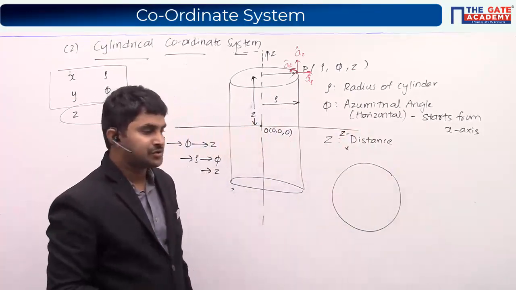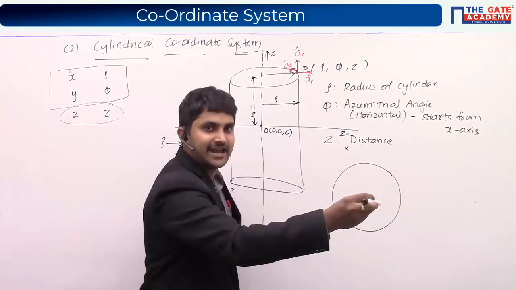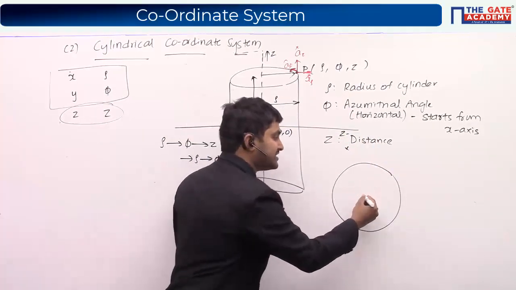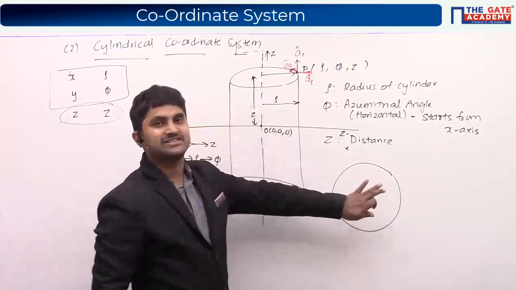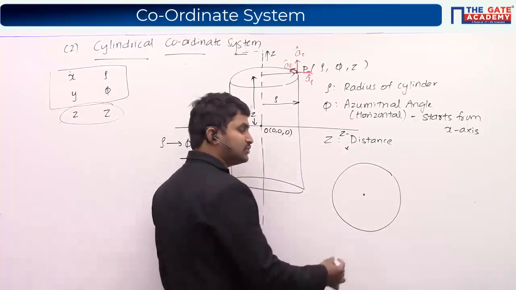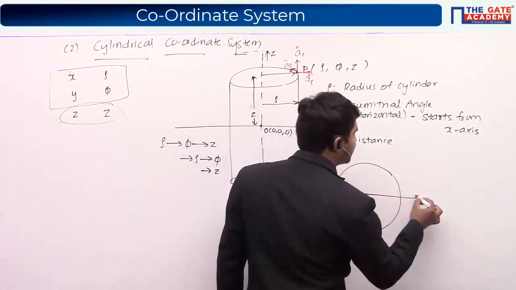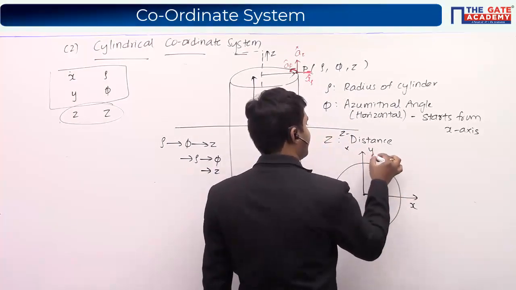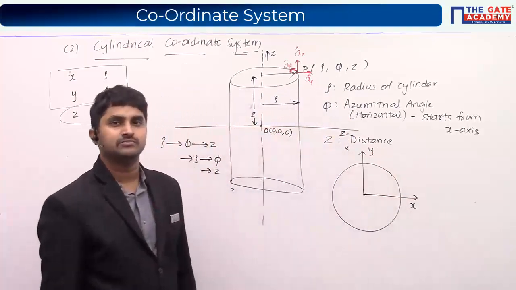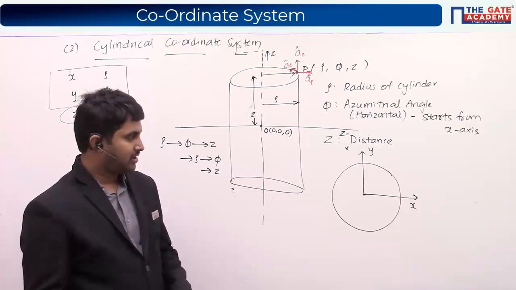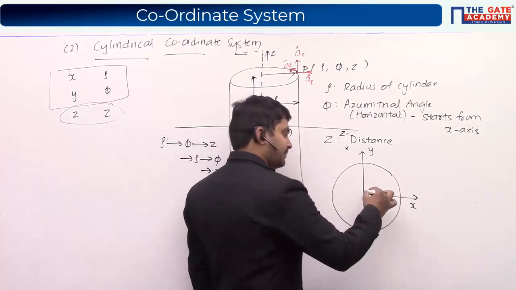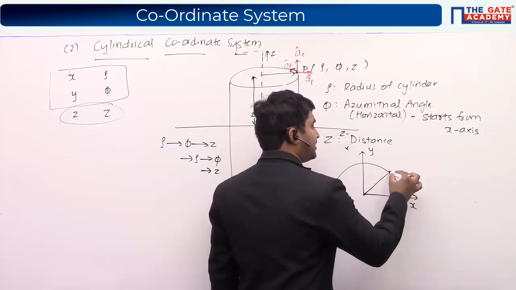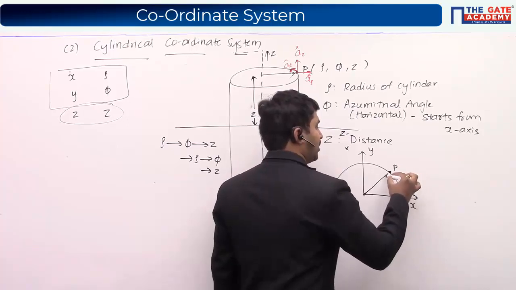So this is the direction of the Z axis, and I'm fixing the Z here. As you told, this direction is going to be my X direction, and this direction is going to be my Y direction. If I have a point here, what is this direction?